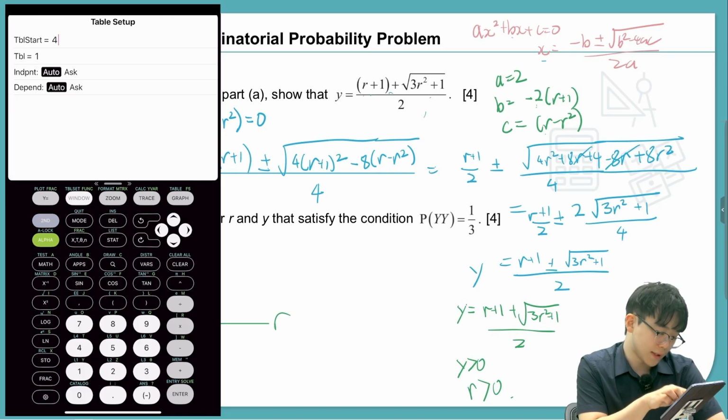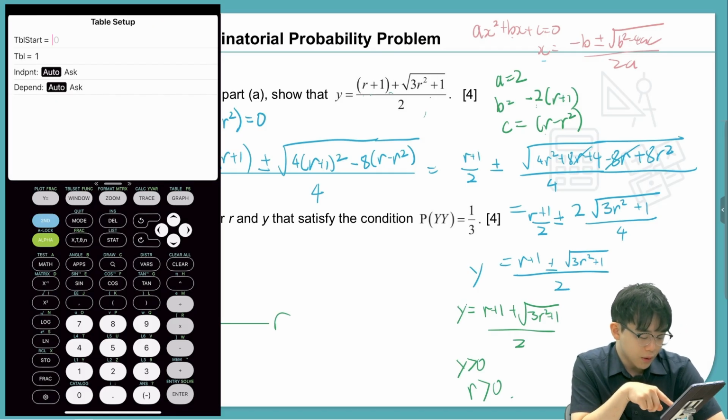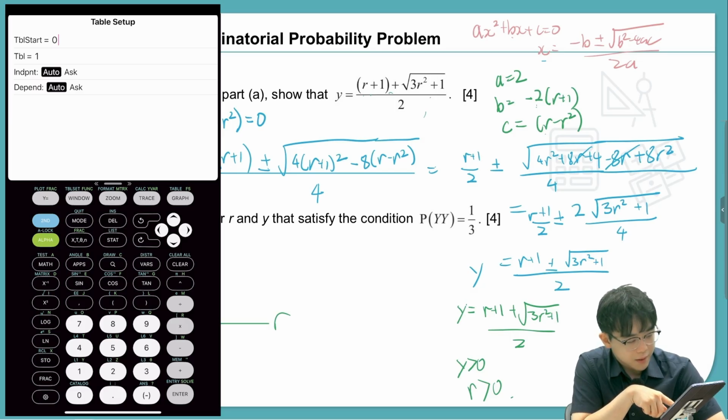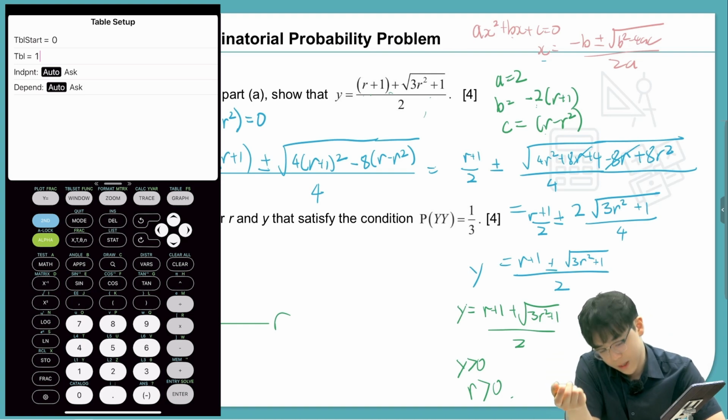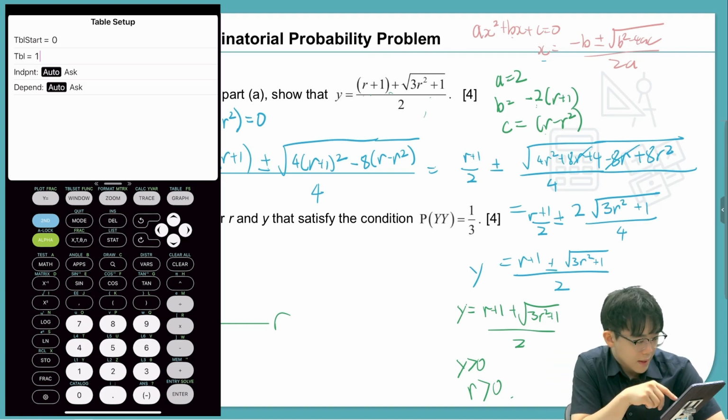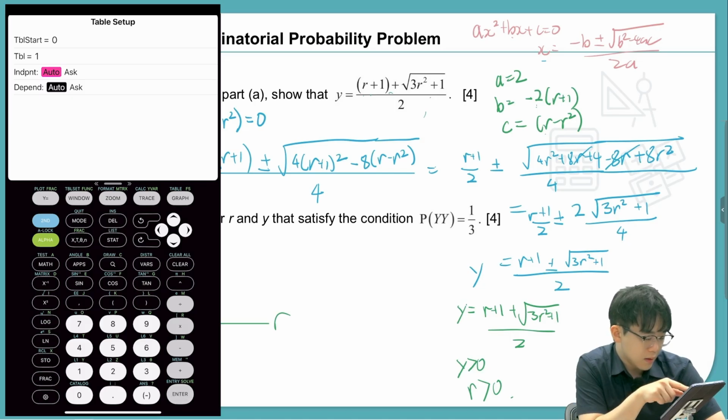If you click second window, you can start from the table. I'm going to start from 0 yellow balls, and get the corresponding y values for each of these red ones.